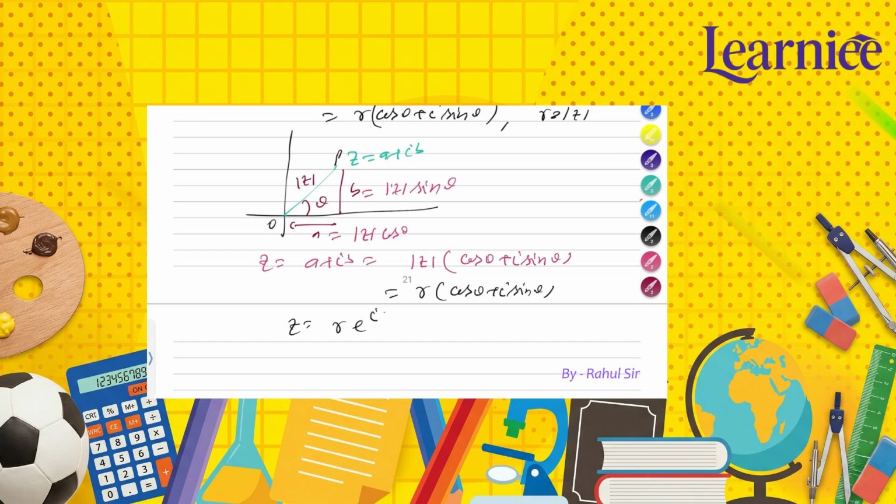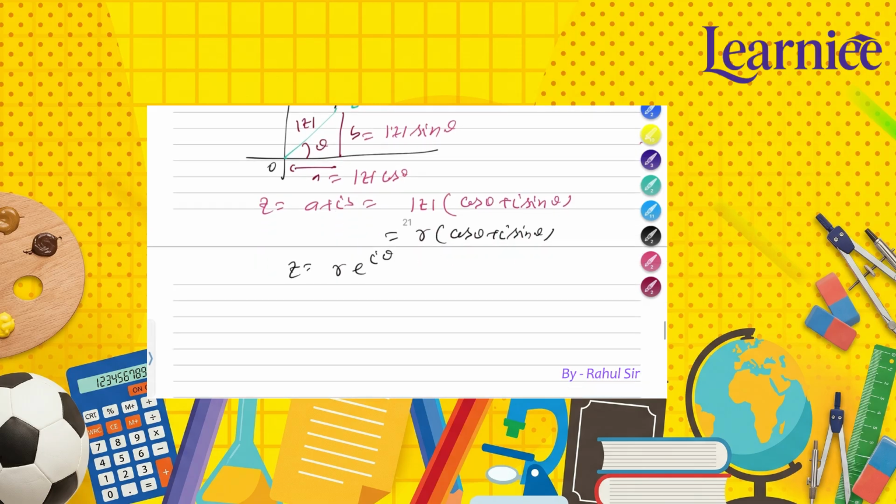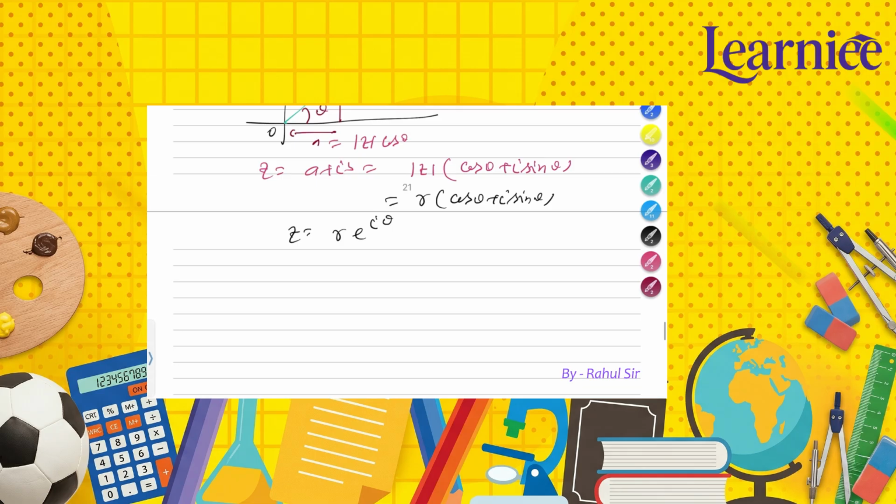In the beginning we told that the Euler form is r e to the power i theta, whereas we have just converted the standard form a plus ib to r (cos theta plus i sin theta). So what it means is that e to the power i theta is cos theta plus i sin theta. This is a very, very important conversion between the trigonometric and the Euler form.